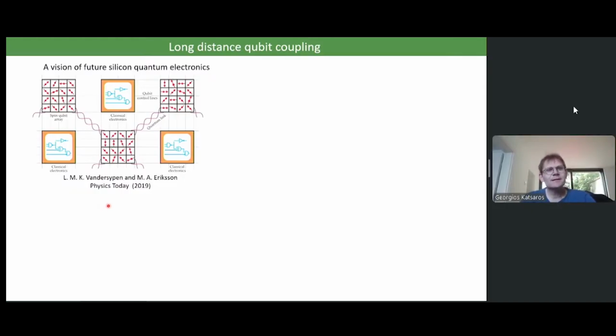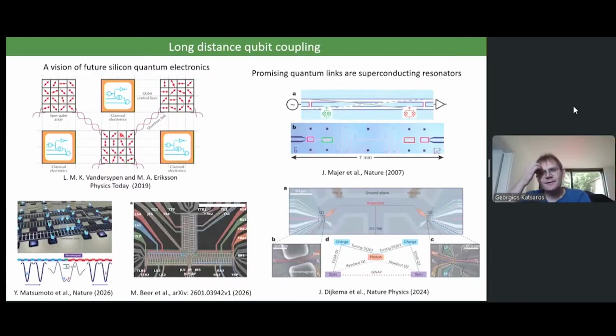So one of the ideas which Lieven and Mark came up with is that maybe the idea is to have n times n arrays, which are split on the wafer, and in between you can put maybe some quantum links and electronics to control, so that you don't need to have everything outside the fridge. So how can we envision such quantum links? Well, there are different ideas.